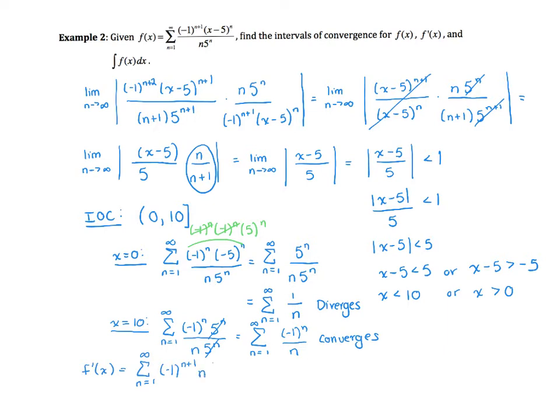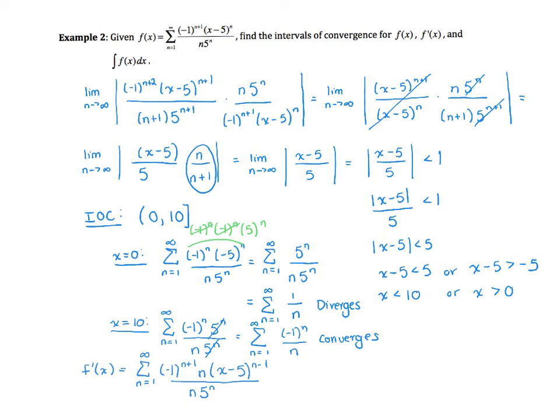So then it's n times x minus 5 to the n minus 1 over n times 5 to the n. Again, you're just doing power rule on the power part. The rest of these are just numbers. I know you feel like you want to do this whole big quotient rule, but all of this is with respect to x, not with respect to n.